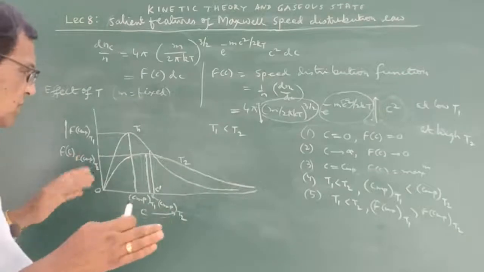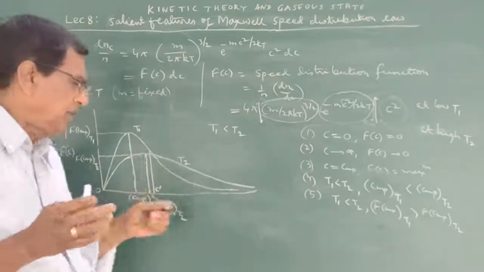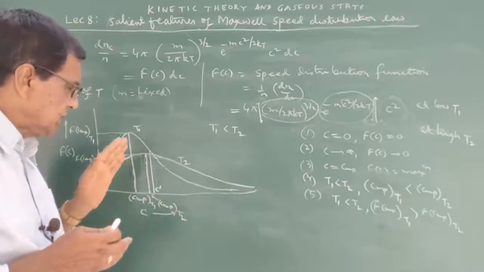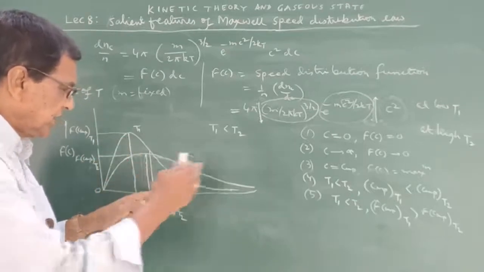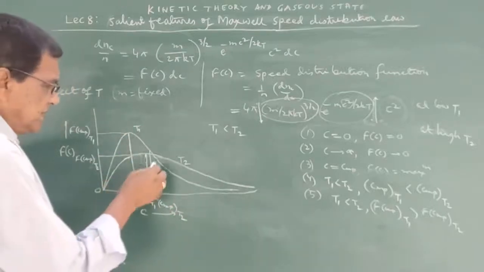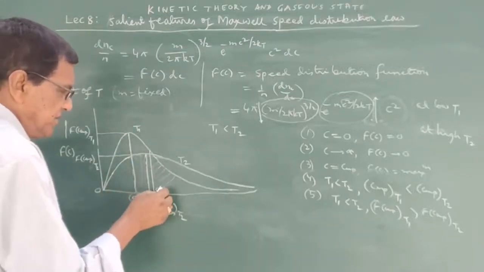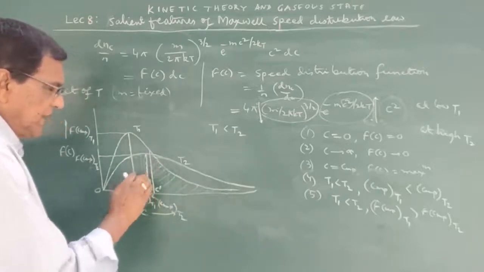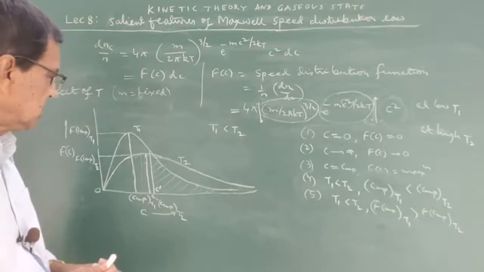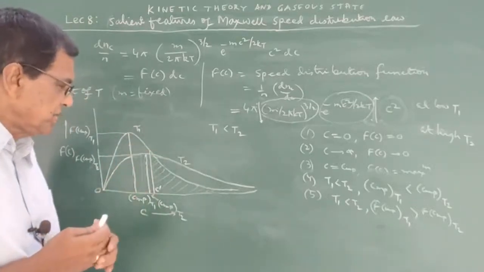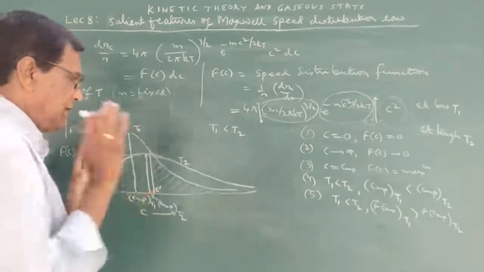If you would like to find the fraction of the molecules having speed greater than or equal to C dash, at lower temperature it is this area. This area will give you the fraction of the molecules at T1 temperature having the speed C dash to infinity.